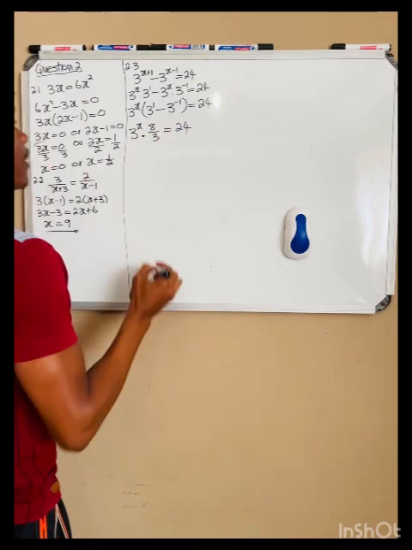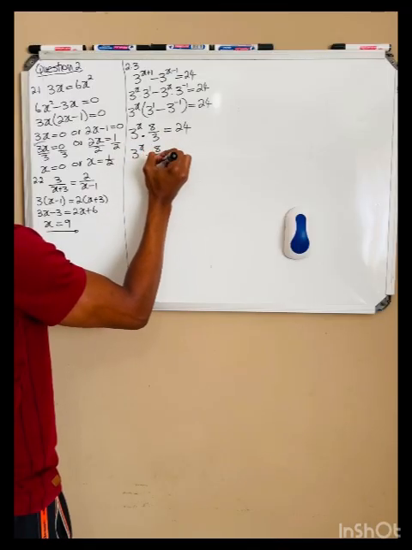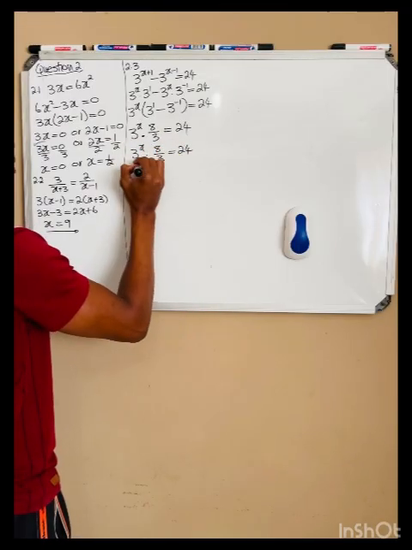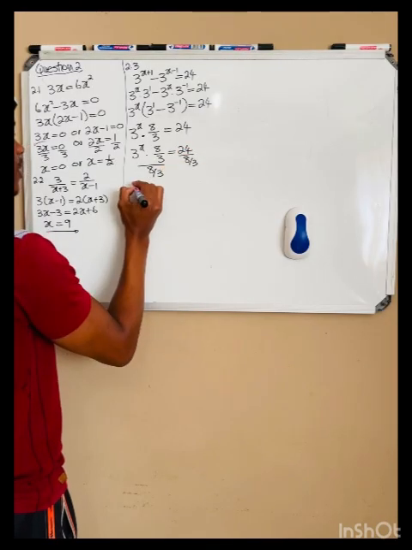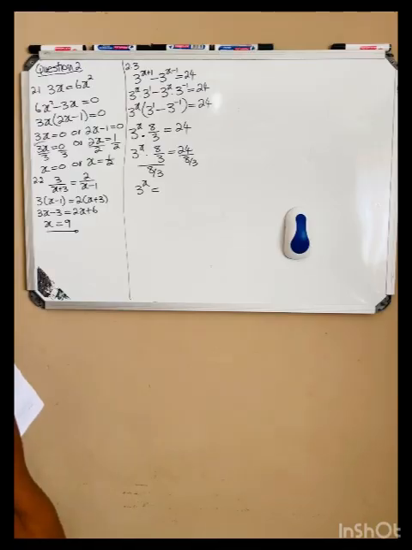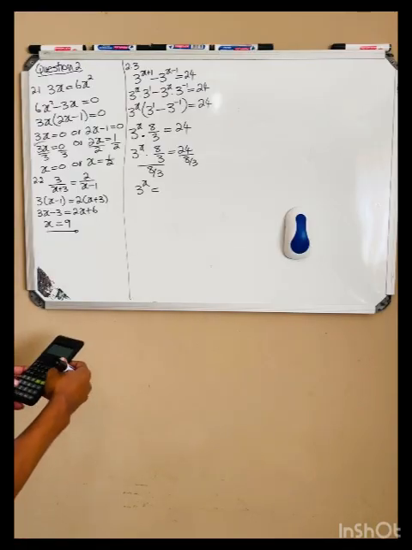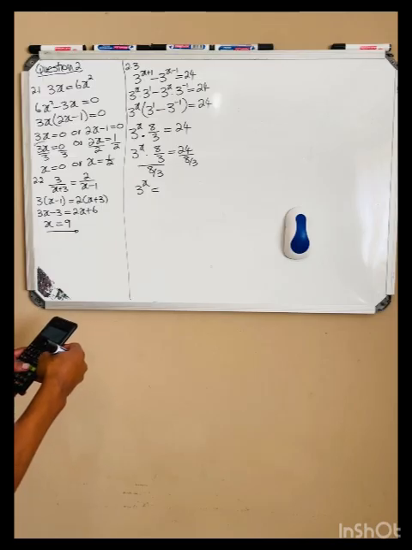Now, from here, you have 3 to the power x times 8 over 3 equals 24. You divide by 8 over 3, so 3 to the power x is going to be 24 divided by 8 over 3.